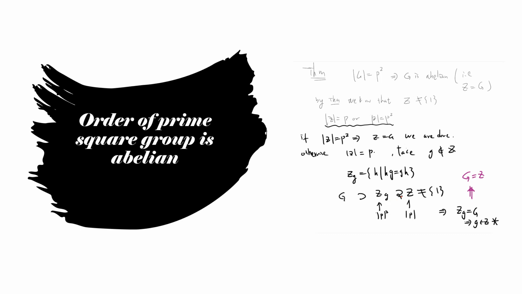So Z(g) is greater than Z, but Z has order p, and G has order p squared. So the only possibility is that Z(g) must have order p squared, right? But G has order p squared, so Z(g) will be the whole group. This implies that everything in the group commutes with g, so g belongs to Z, which is a contradiction to our assumption. Okay, so Z must have order p squared, so that means that G must be abelian.